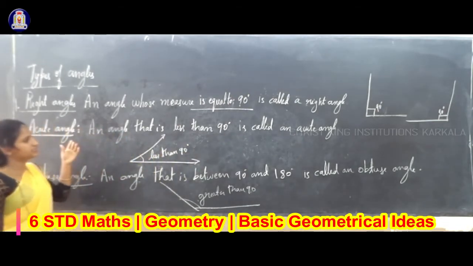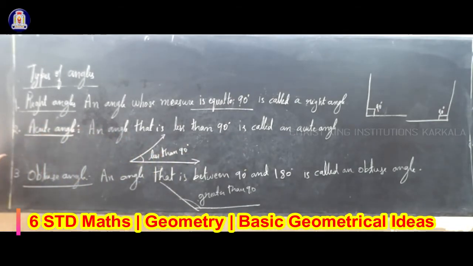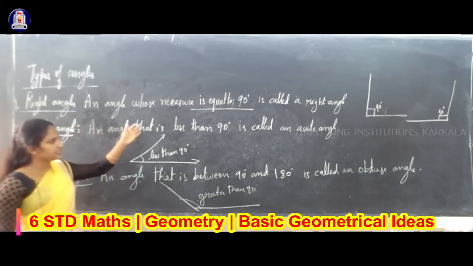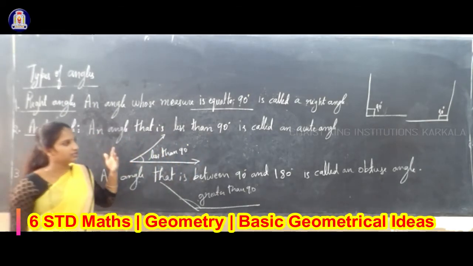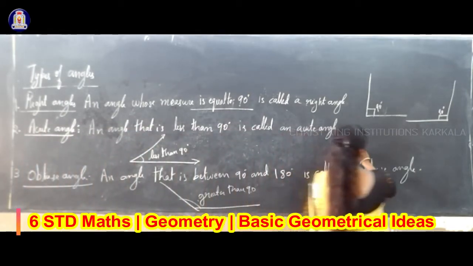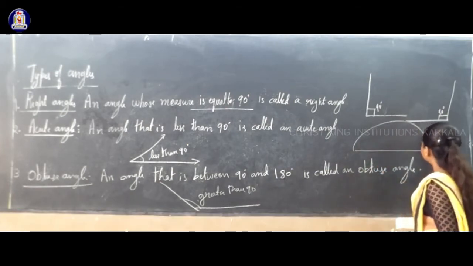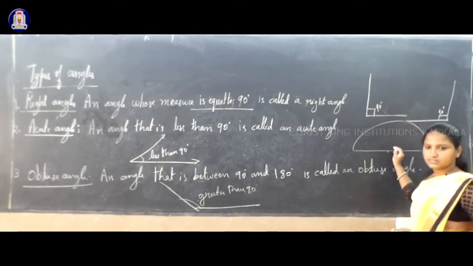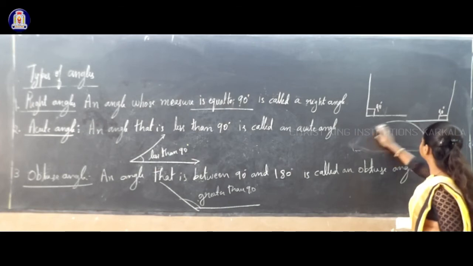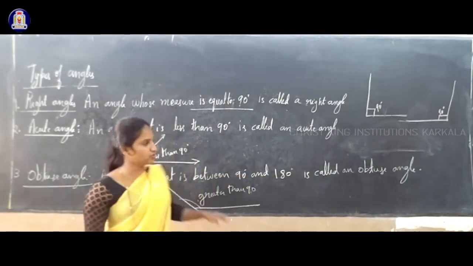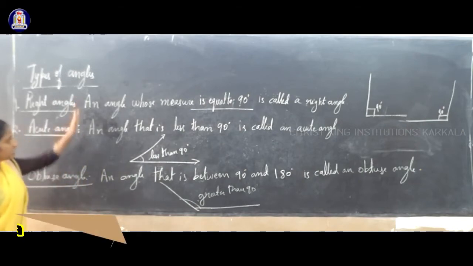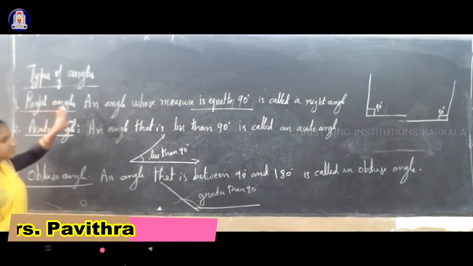Okay. Next we can see what an acute angle is. An acute angle means an angle that is less than 90. In a protractor you can see it. If you see the protractor, you get exactly 90 degrees for a right angle.